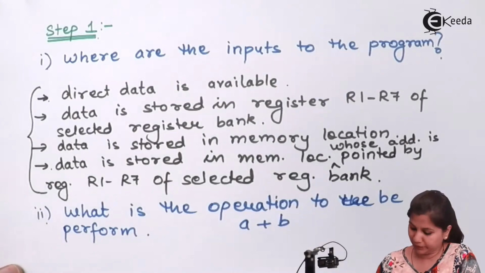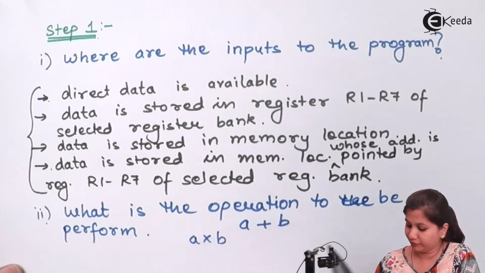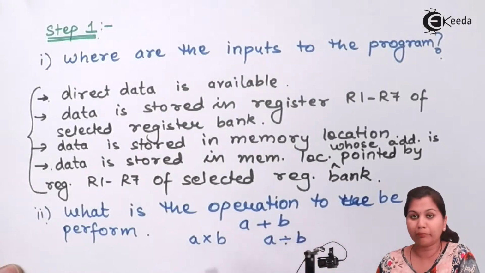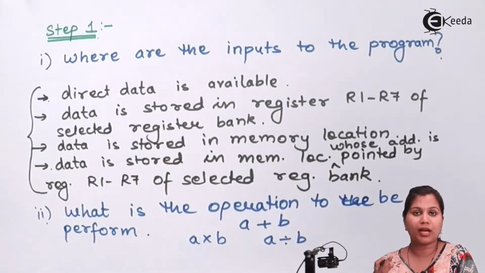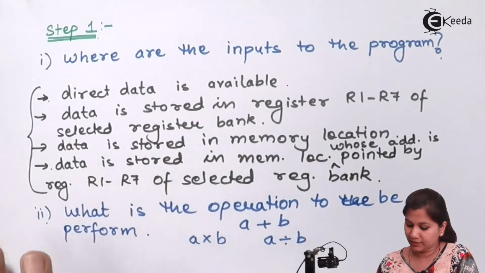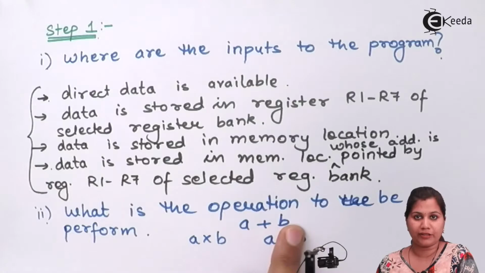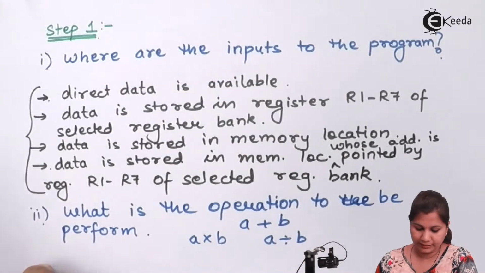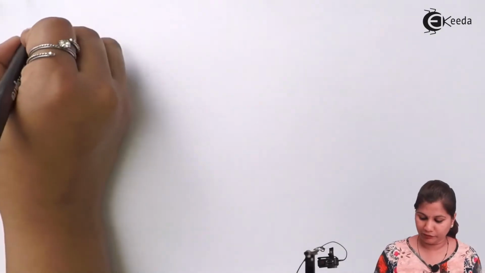If we want multiplication, then A into B. If we want division, then A divided by B. Okay, so which type of operation is to be performed in the program, that is to be decided in this first step.